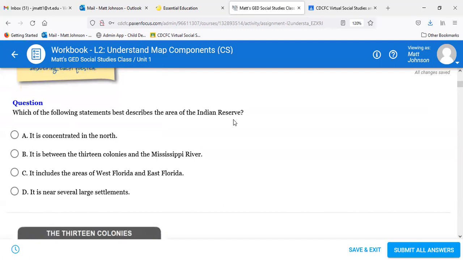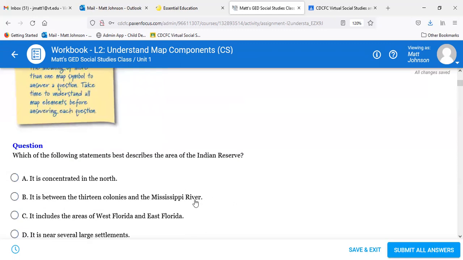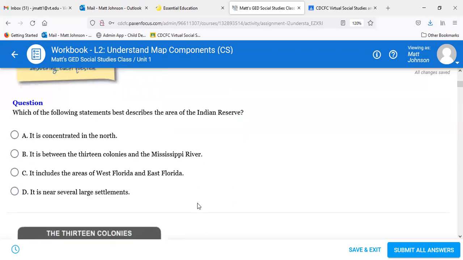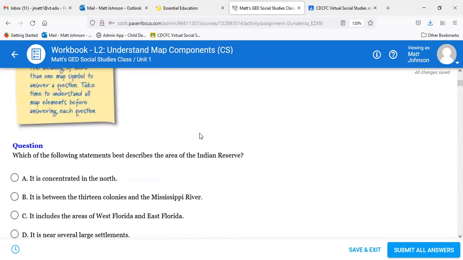We can eliminate some of these, right? That might be the way to go. So it's definitely not part of East and West Florida, right? Because that's labeled separately. East Florida, West Florida, that's its own place. Is it concentrated in the north? Well, no, that's more the Midwest, and South Central United States. So it's definitely not concentrated in the north.